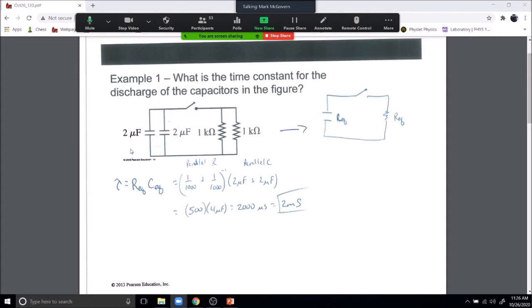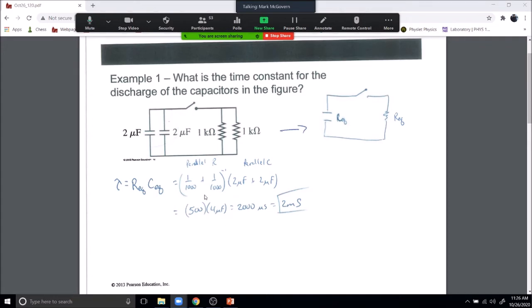And remember that this is a little confusing, but the rules for series and parallel for capacitors are different than they are for resistors. So the parallel capacitors have the additive inverses. Wait, what? Oh, I mixed that up. Okay, sorry. The parallel capacitors, they add up. So that's 2 microfarads and 2 microfarads. The parallel resistors, though, they have the additive inverses.